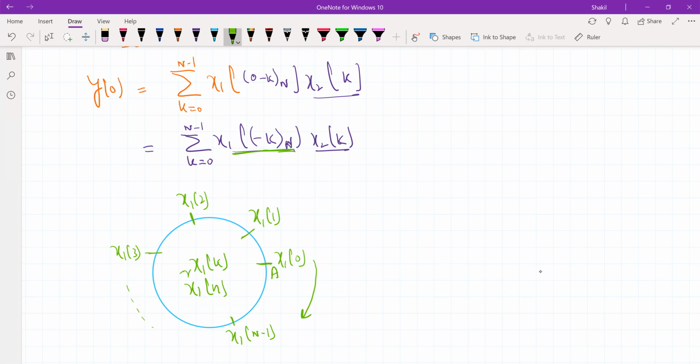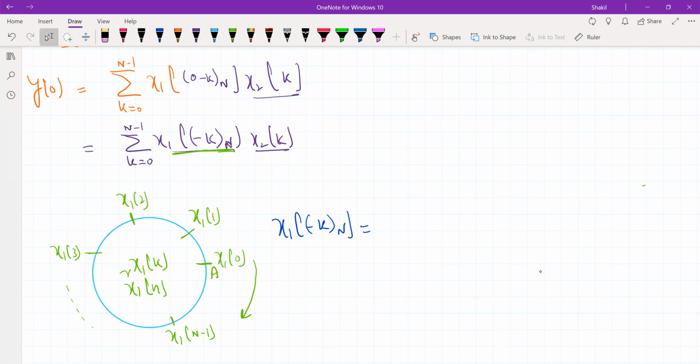So x1 of minus k modulo N you can read like this. Start from the starting point, that is x1 of 0. Then the first point will be x1 of N minus 1, then N minus 2 will be the second term, then the third term will be N minus 3, and so on.